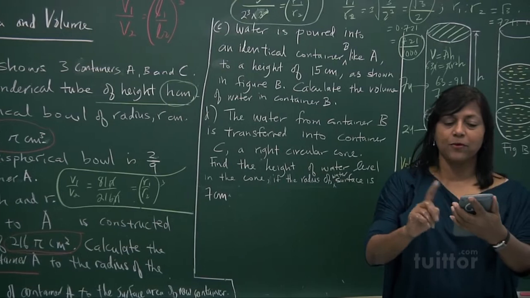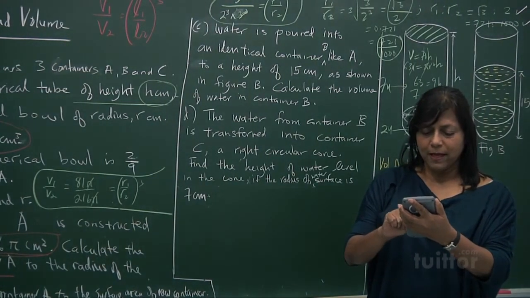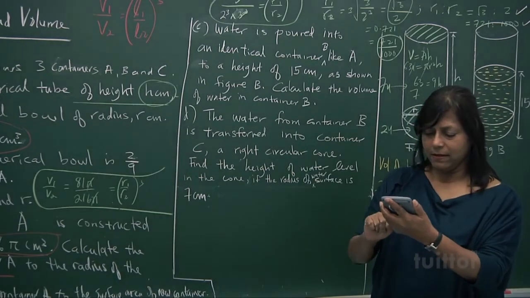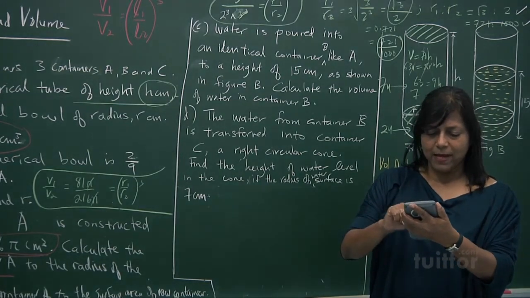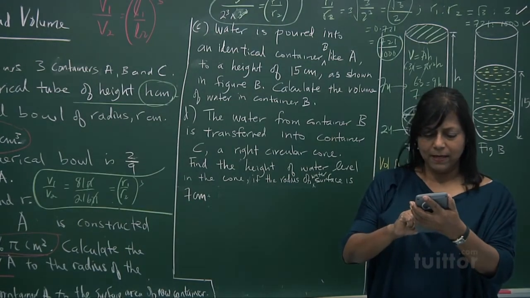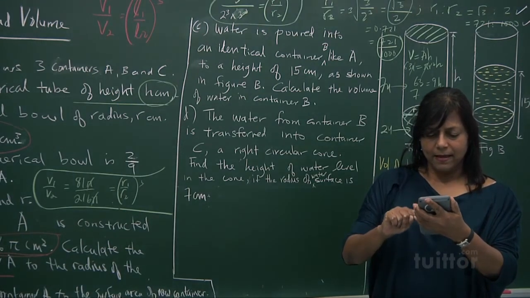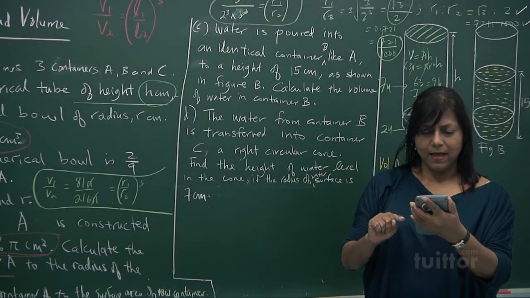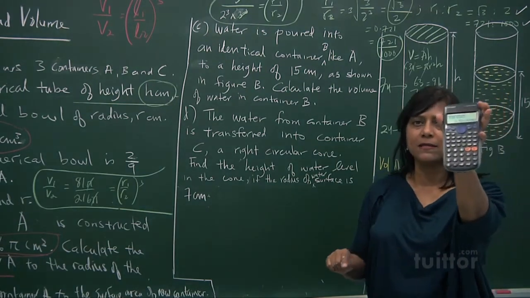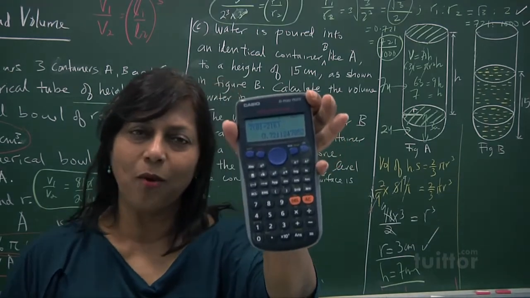Calculator, please. If you're using a calculator, you can find the cube root and put a bracket. I'm going to press shift, cube root, and put a bracket 81 divided by 216. Then get your answer, and you will still get the same answer, 0.7211.